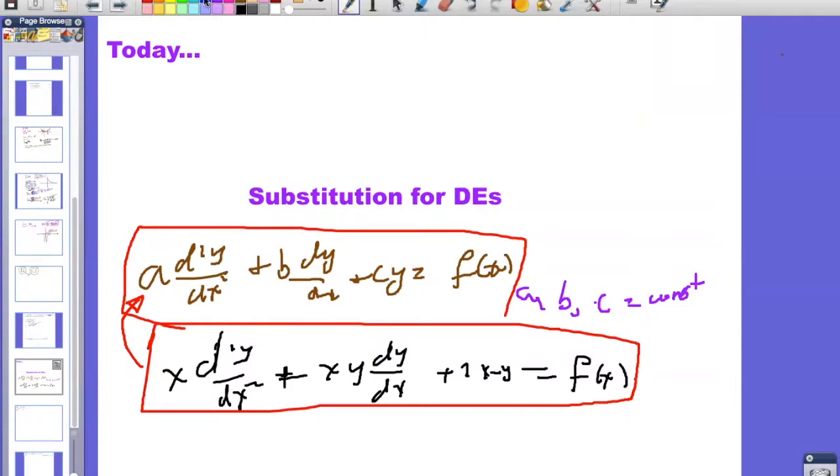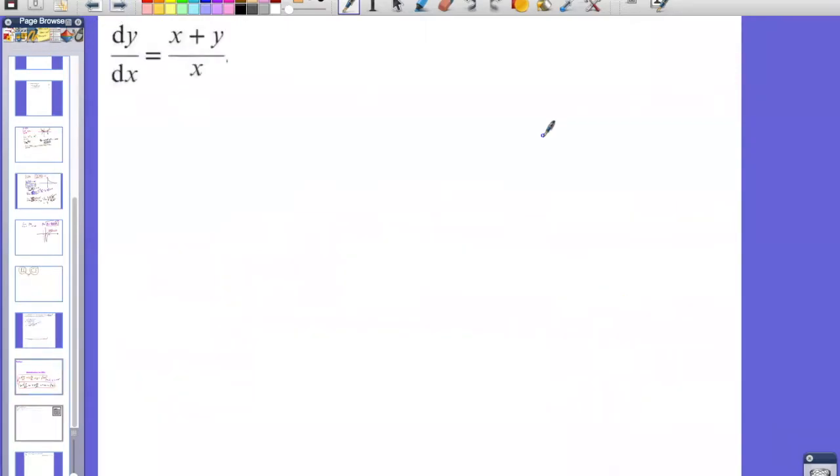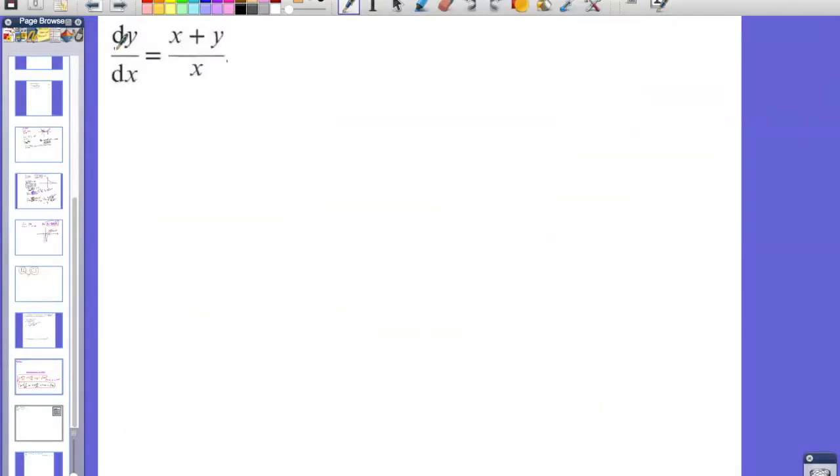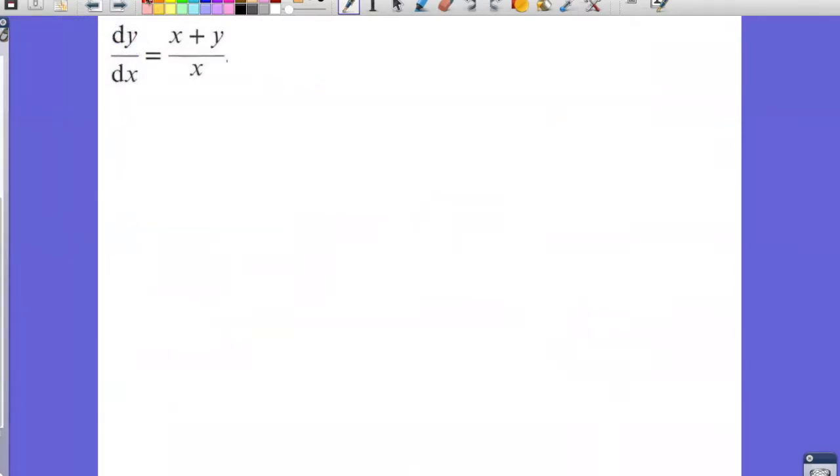So substitution is not very new. It works exactly the same as what we did when we were doing substitution for differentiation. We start with a first order differential equation just so that it looks very easy.